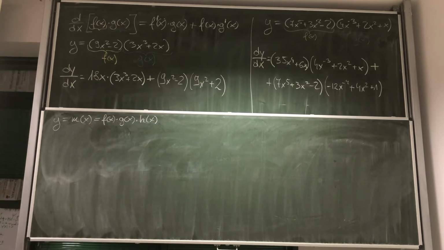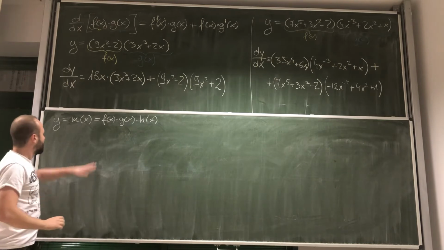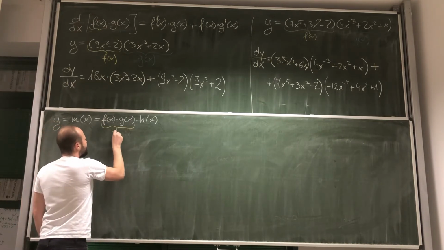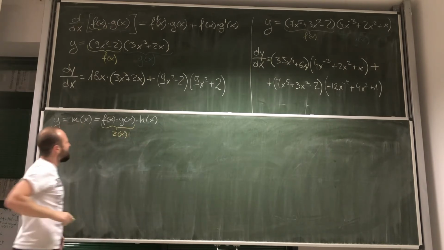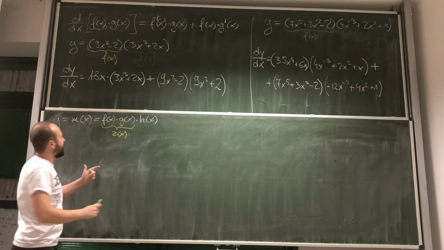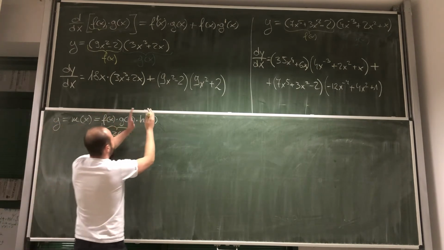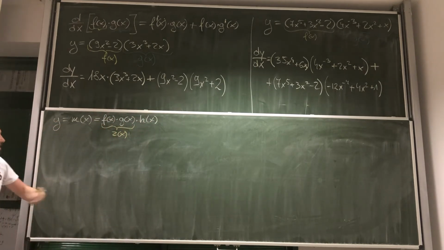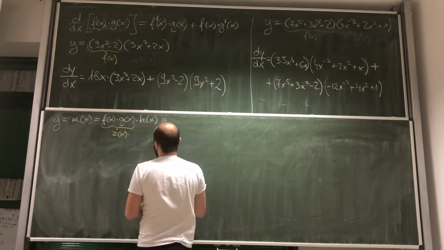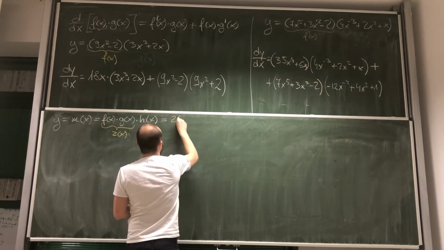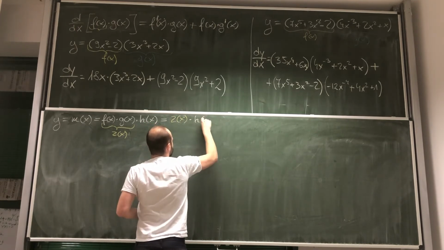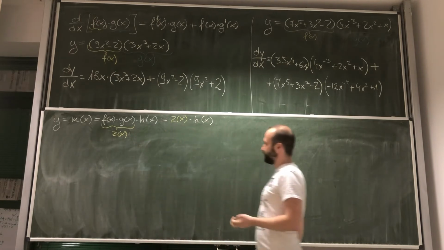Remember before we were calling this part z of x? So why not use the same trick? I can always think about this as one function and this as the other function, and because of that, I'm going to get a product of just two functions: z of x times h of x.